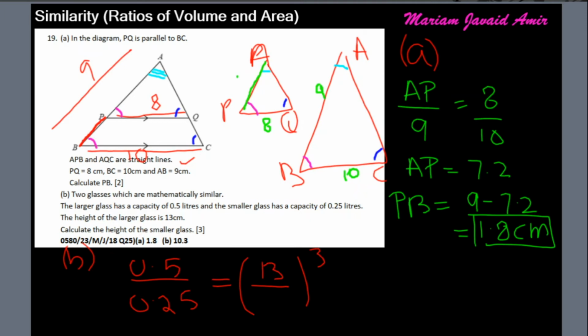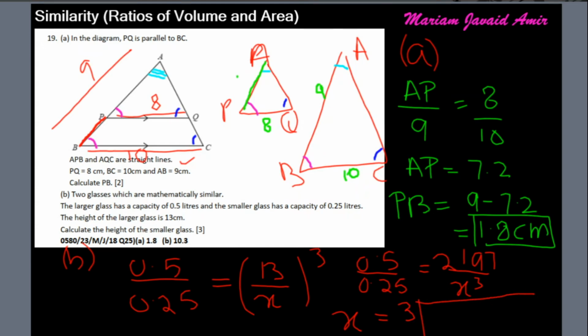Calculate the height of the smaller glass, let's call it x. So this becomes 0.5 over 0.25 equals 13 cube, which is 2197, over x cube. Let's make x the subject by taking the cube root in the end.